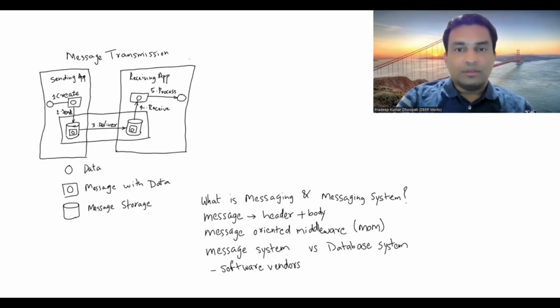Then we have an option to send a voicemail, and that voicemail will be queued in the receiver's voicemail box. And when he is back and available to receive the messages, he will receive the message that I have sent. And this communication happens asynchronously.